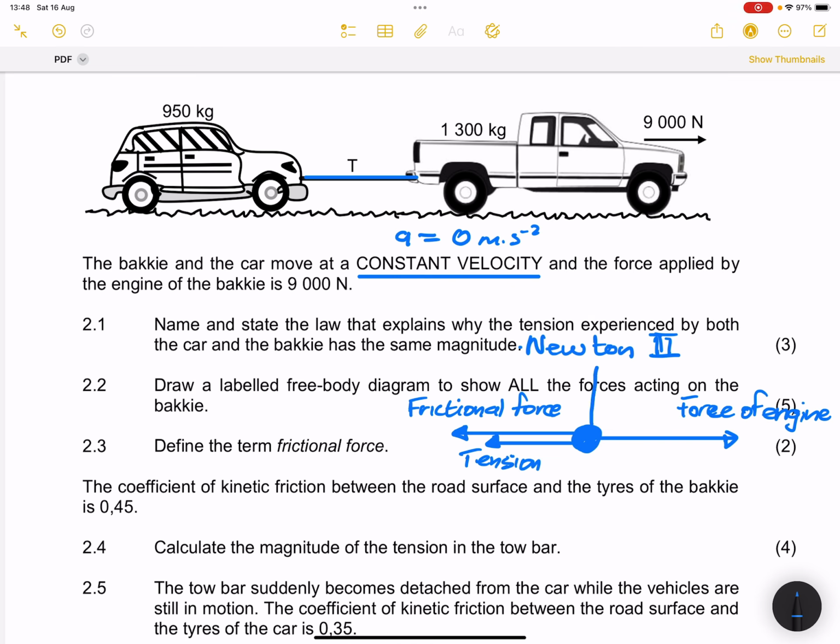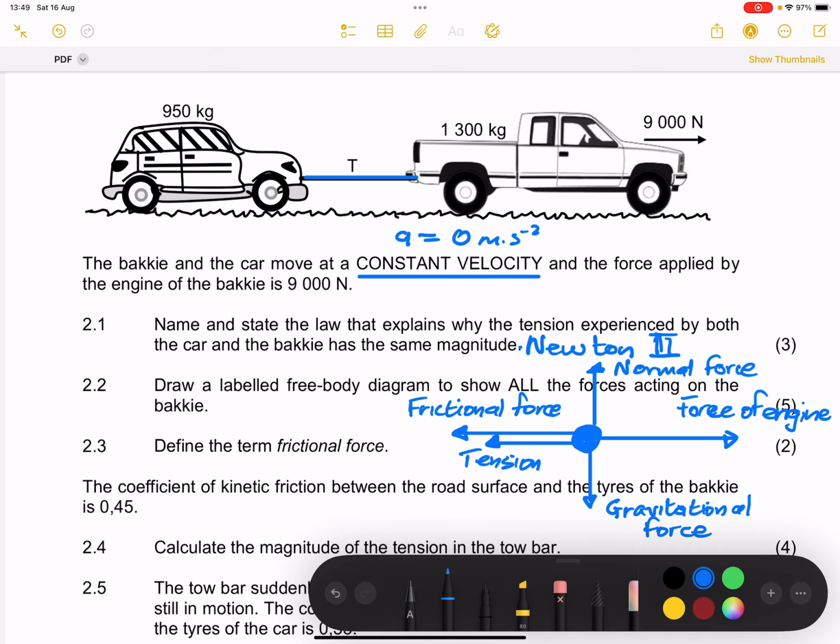We've got the normal force, because the Bucky is sitting on a surface, as well as gravitational force, or you can say the weight. Right, so this is how the cookie crumbles. Those are the forces that are acting in that case.